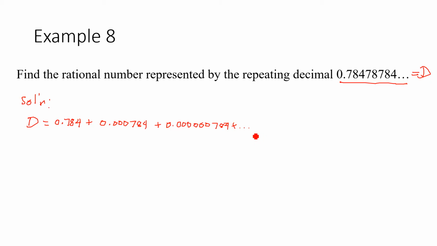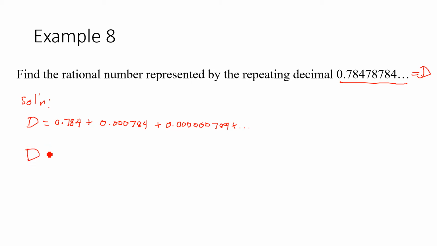Now in this case, the given decimal is the sum of a geometric series, where our a would be 0.784 with r, as you can see here, our r would be 0.001.